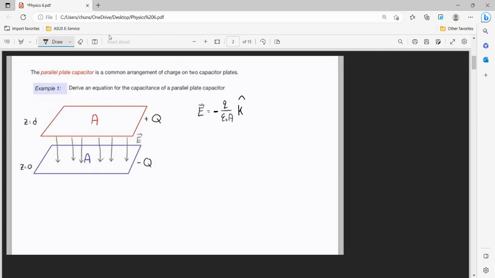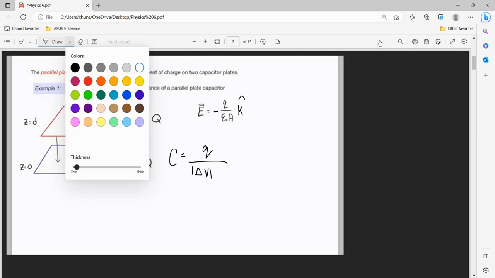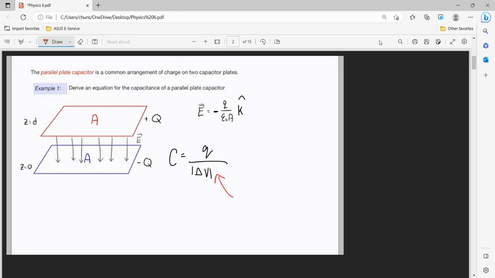Okay, so we know capacitance is equal to our charge over our potential difference. So how would we translate that to this problem? Okay, so we know that this is equal to the integral from d to 0, right?